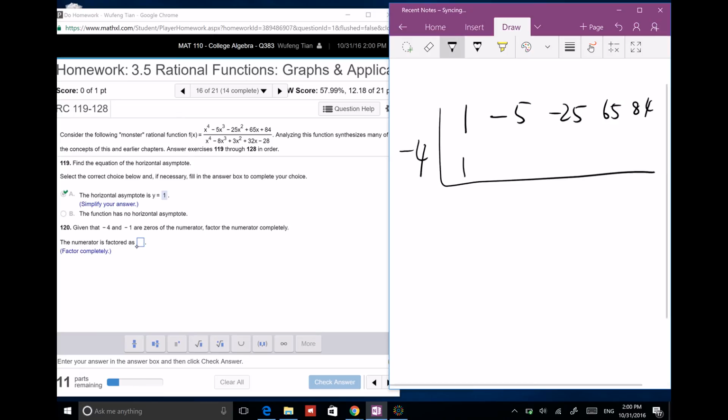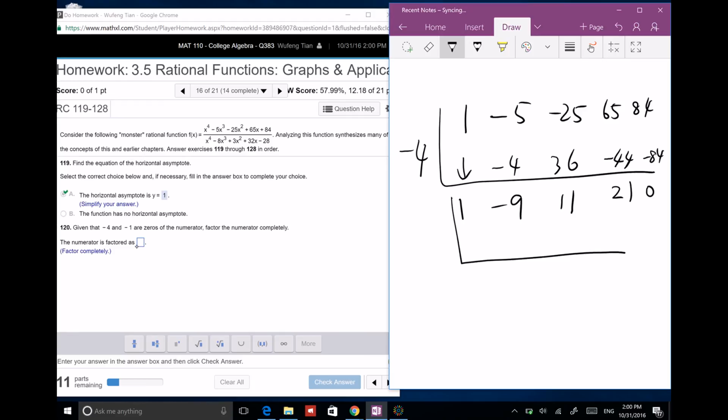Plug it down: 1, negative 4, negative 9, 36, 11, negative 44, and 1, 21, negative 84, 0. Perfect. So I divide by negative 1, plug it down: 1, negative 1, negative 10, positive 10, 21, negative 21, 0. Perfect. This is what remained.